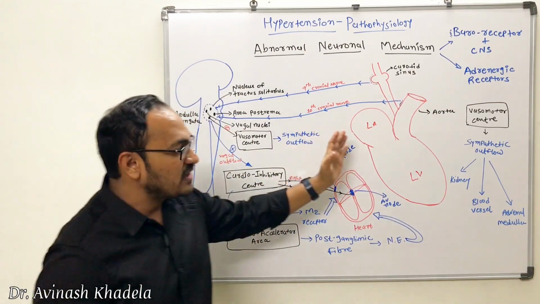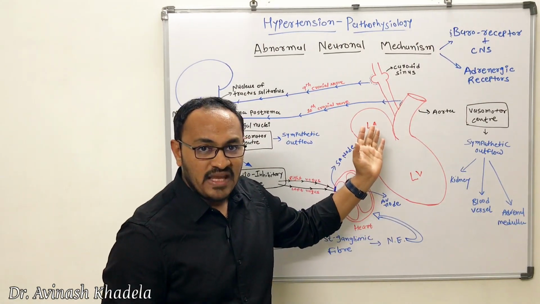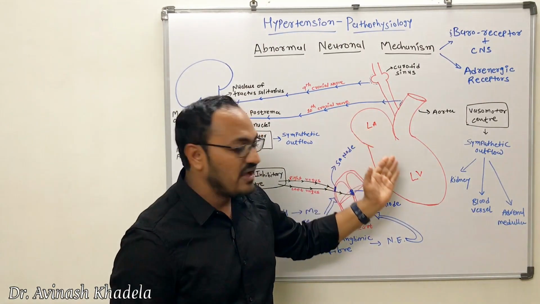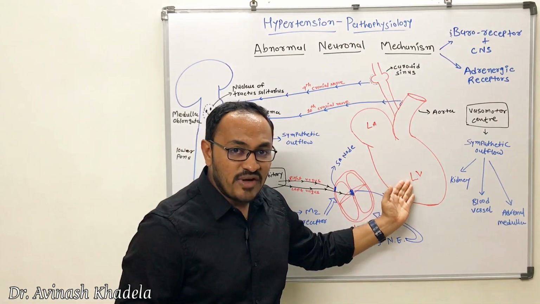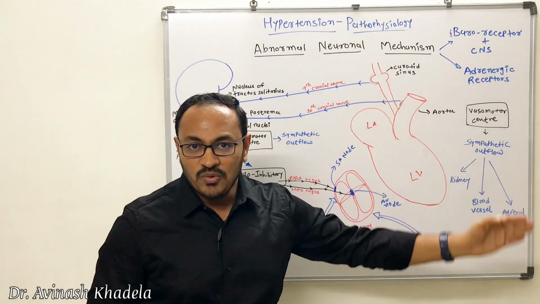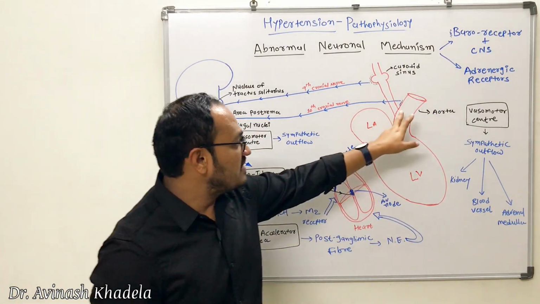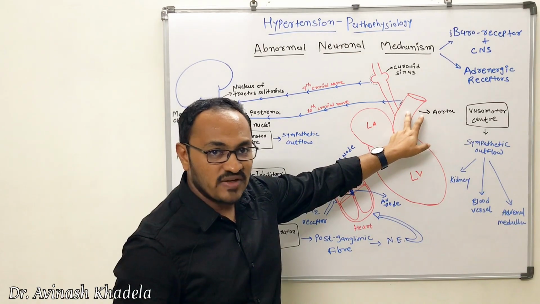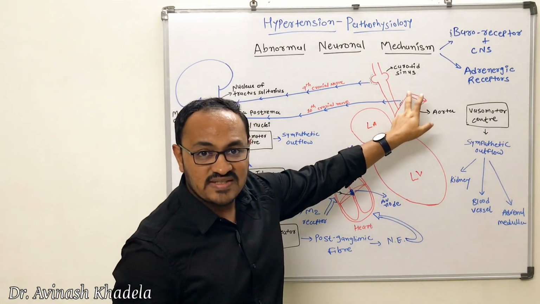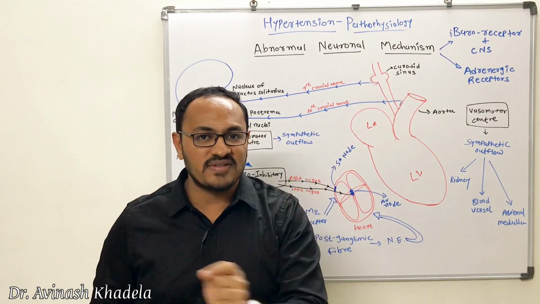So first of all, this is the structure of the heart. Here, this is the left atrium and left ventricle. This left ventricle is responsible for pushing the blood through the aorta to the whole body. Now, in this aortic juncture, there are blood pressure sensitizing cells which we know as baroreceptors.